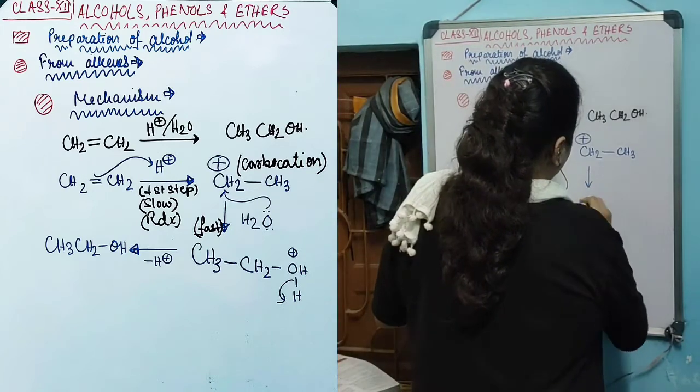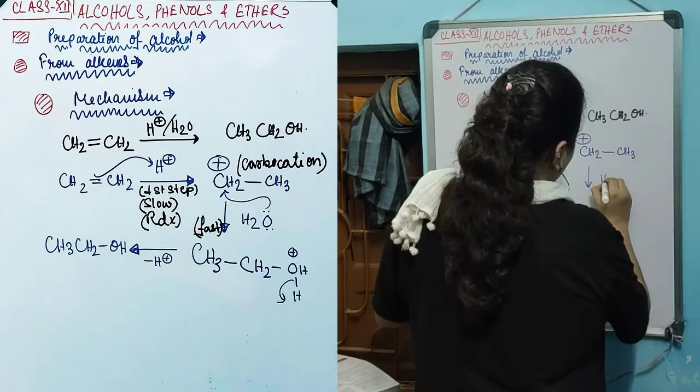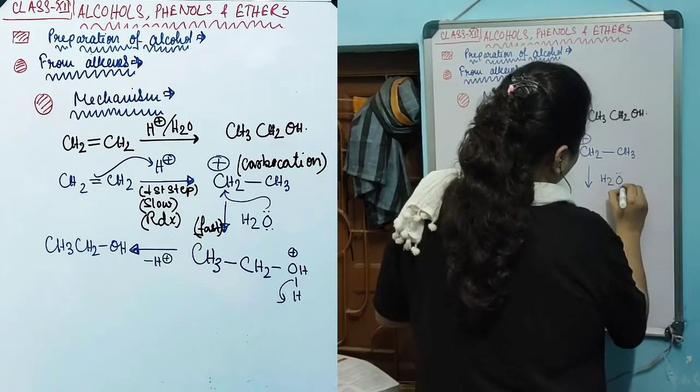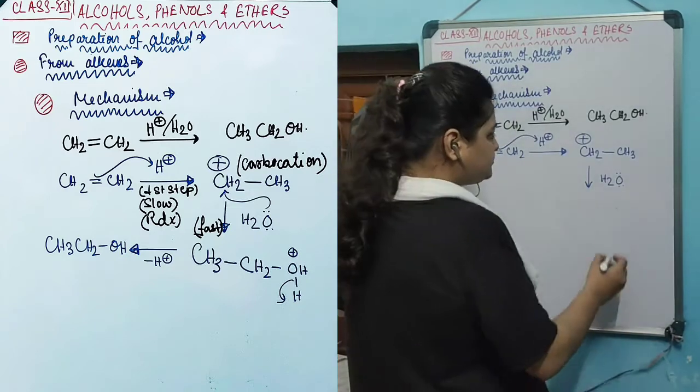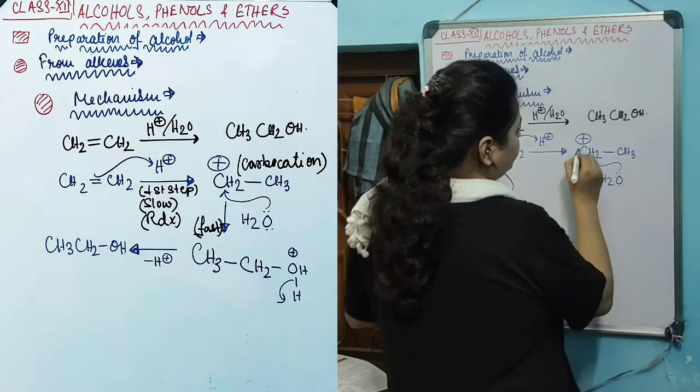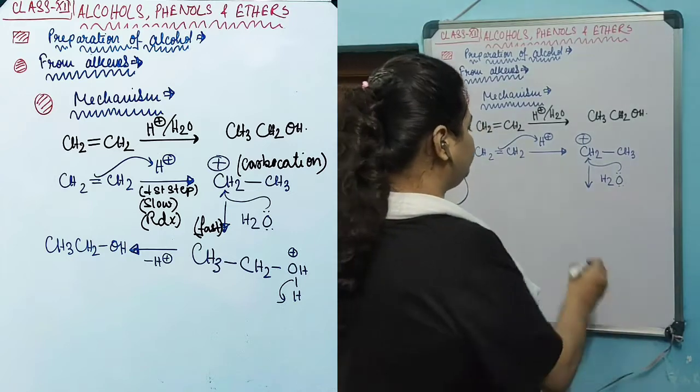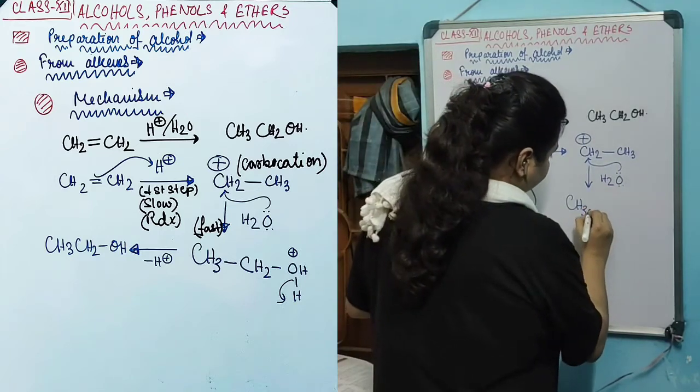Now in the medium, water is present, in which oxygen with a lone pair is present. Oxygen, by donating one lone pair to this carbocation carbon, will form this compound.